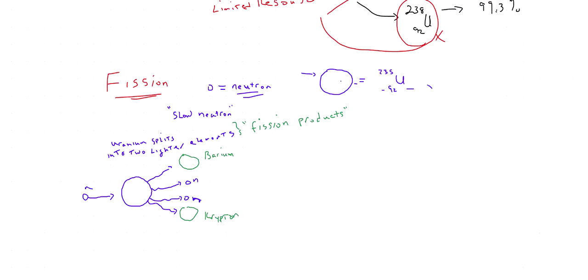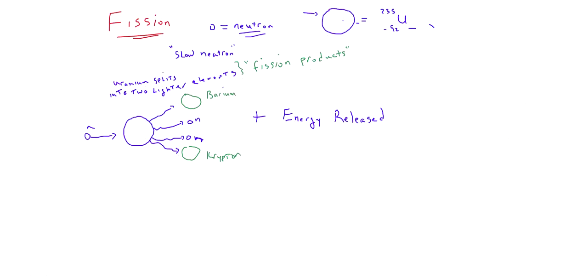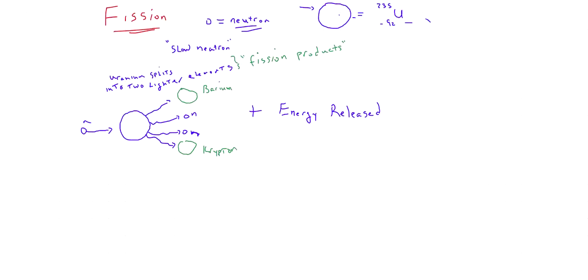And of course, every time a nucleus fissions, there's going to be energy released. Okay. So I'm going to redraw this picture, and let's ignore the fission products for now.